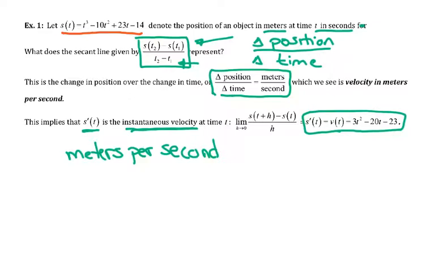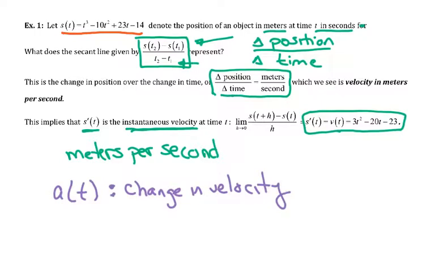Now, for acceleration, well, this represents the change in velocity. If your velocity is constant, you don't feel any acceleration, but when the velocity changes, you feel it. So acceleration could be looked at as the instantaneous rate of change of velocity.